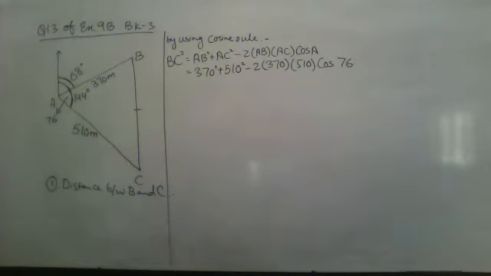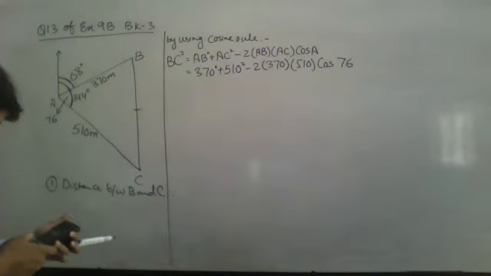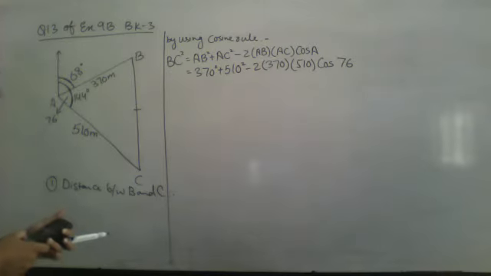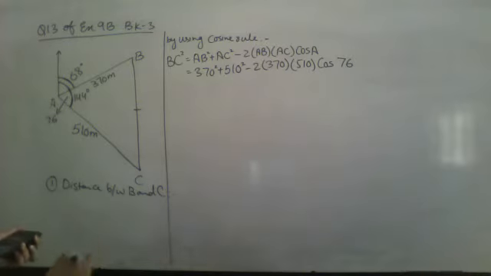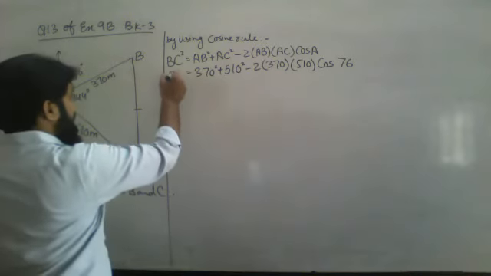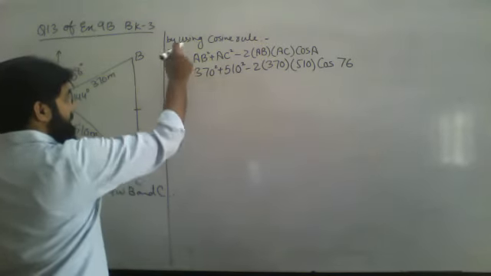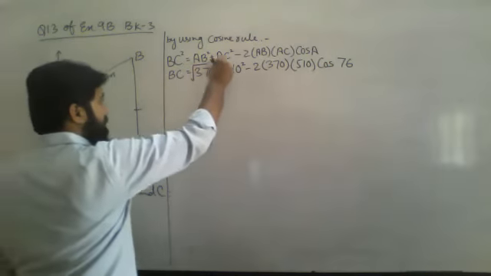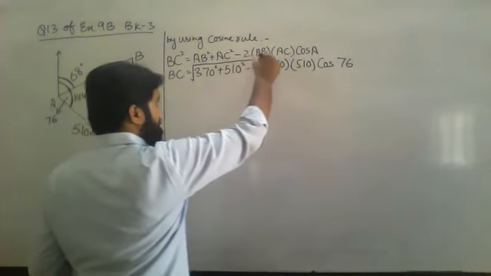So using the calculator, when I simplify this whole thing, BC square was there, so I am applying root on this whole thing.